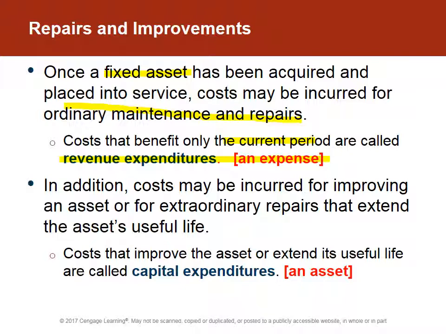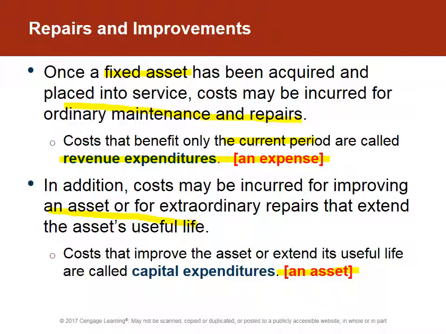But if it improves an asset and it's going to last for a longer period of time, it's going to be considered an asset. So let's think about this as far as a revenue expenditure. Let's take a truck. If the truck has an oil change, that's an expense, that's an ordinary maintenance and repair.